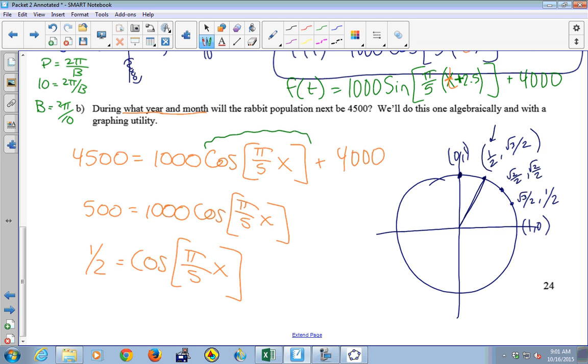Yeah, down in the fourth quadrant, right here. Right. That point would have coordinates 1/2, negative √3/2. Right? Anywhere else?